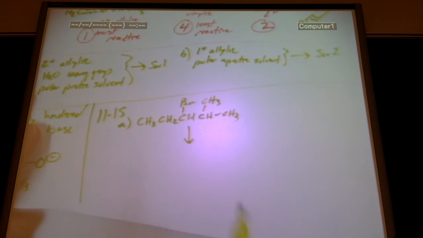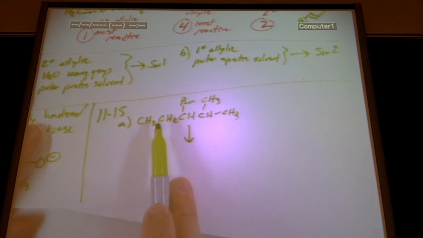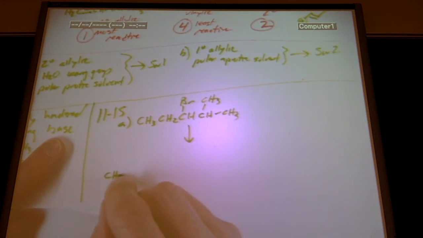Wherever I have my halogen, I'm going to form a double bond between that carbon and an adjacent position, losing a hydrogen from that position. So a double bond could go here.